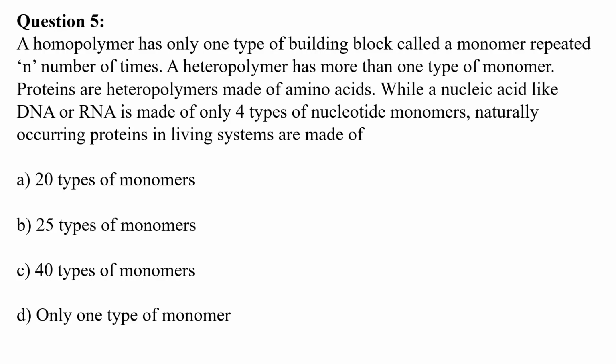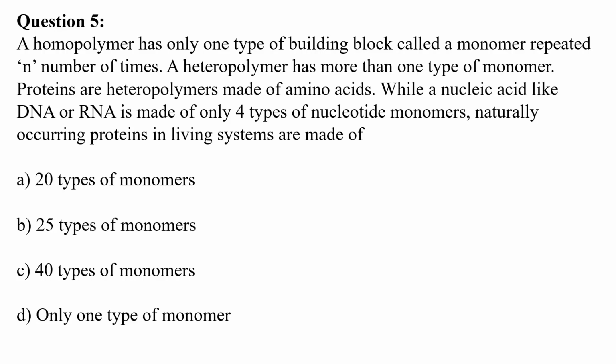So what do you mean by monomer? If we have repeating blocks of units, so if I have one type of unit and it is repeated multiple times, we will get a homopolymer. Whereas heteropolymers means different types of units are joined together to make a polymer. It has more than one type of monomer.